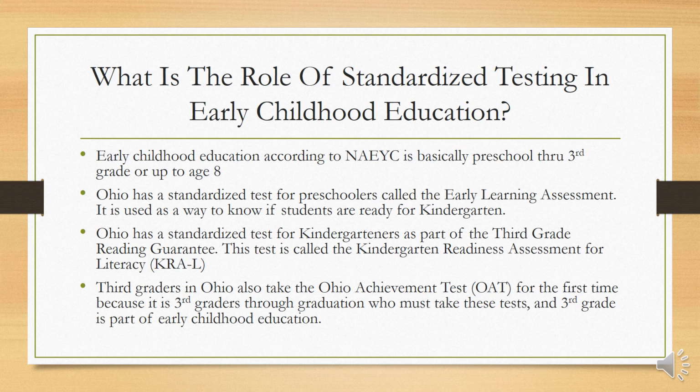Ohio has a standardized test for kindergartners as part of the third grade reading guarantee. This test is called the Kindergarten Readiness Assessment for Literacy, or KRAL. Third graders in Ohio also take the Ohio Achievement Test, OAT, for the first time because it is third graders through graduation who must take these tests, and third grade is part of early childhood education.